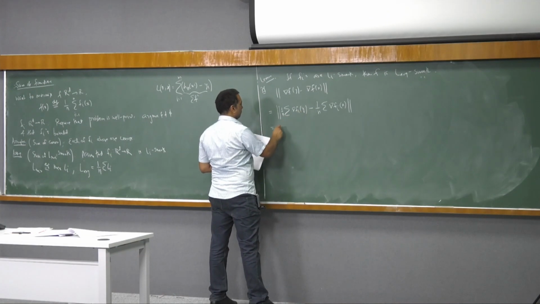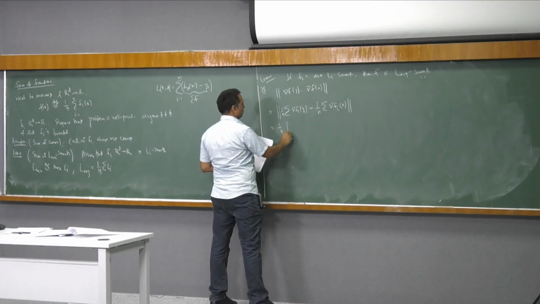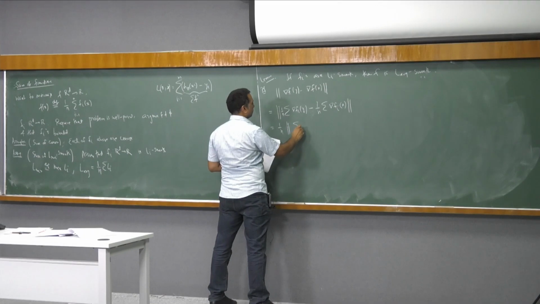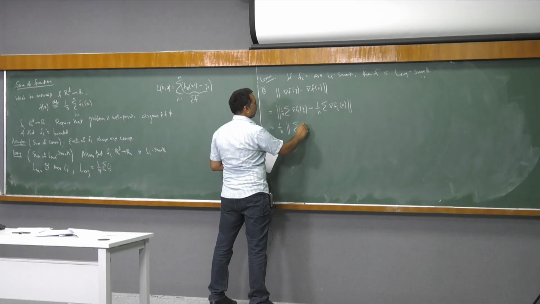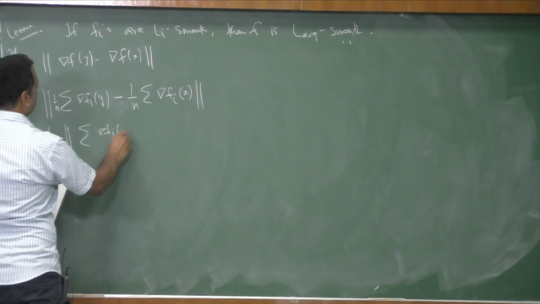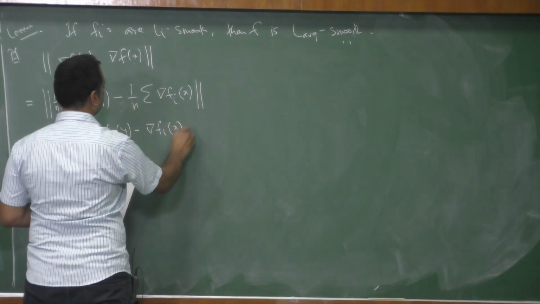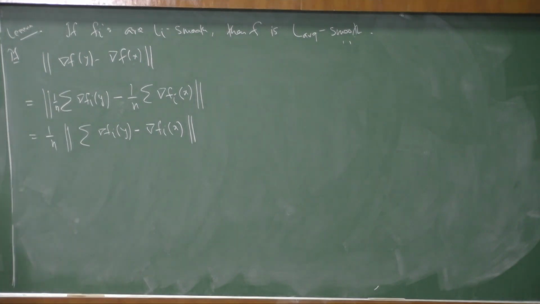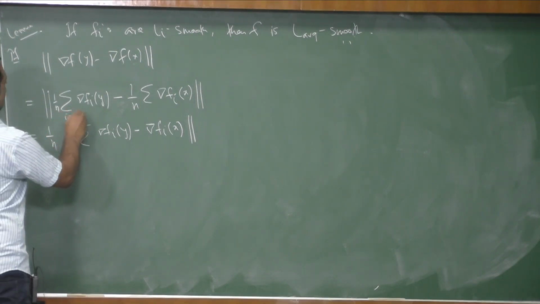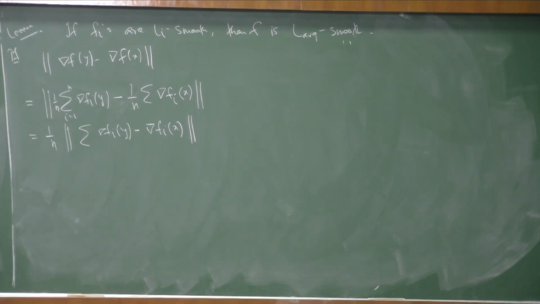Let us take 1 by n out, and this is the sum over i equals 1 to n of grad fi(y) minus grad fi(x). So far it's an equality.